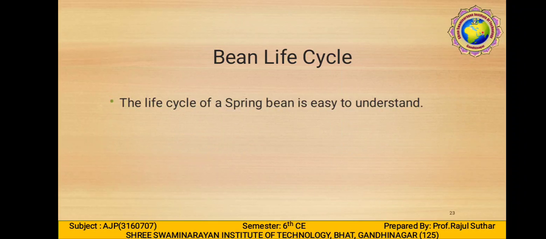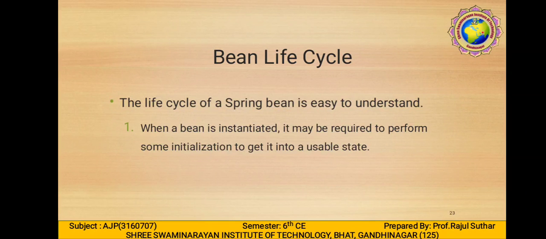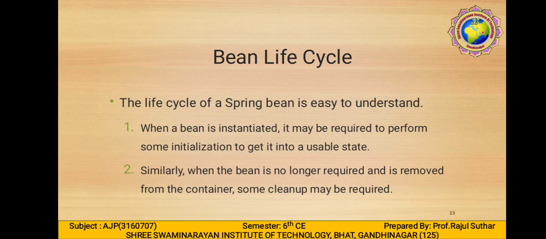So the life cycle of a Spring bean is easy to understand. When a bean is instantiated, that means initialized, it may be required to perform some initialization to get into a usable state. That means define a custom init method as well as a custom destroy method in a bean and define the attribute values of the bean in the Spring configuration file.